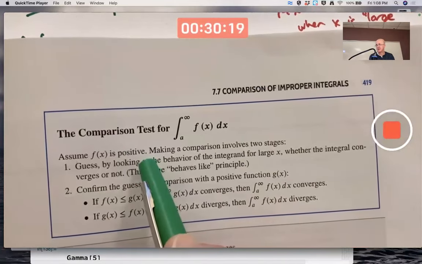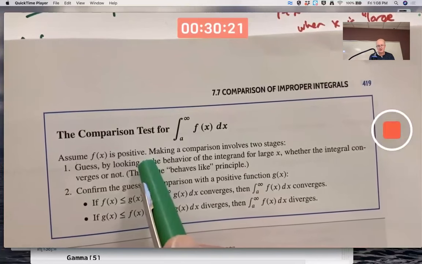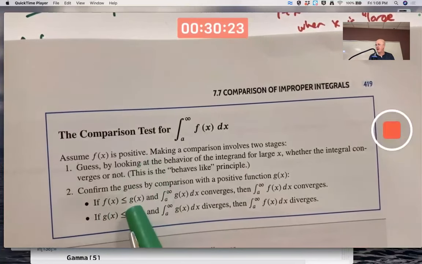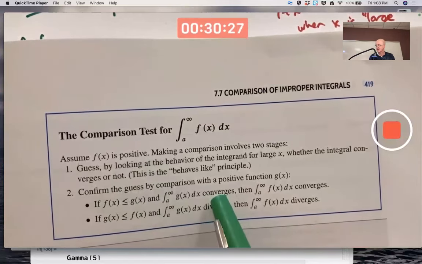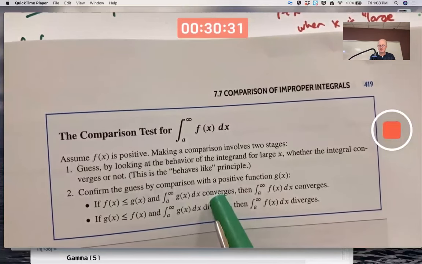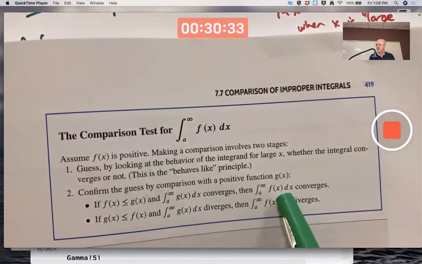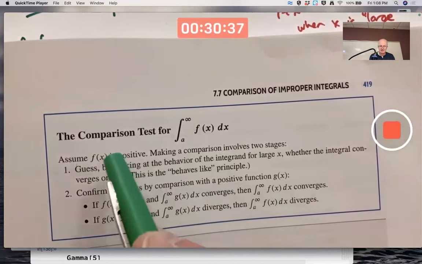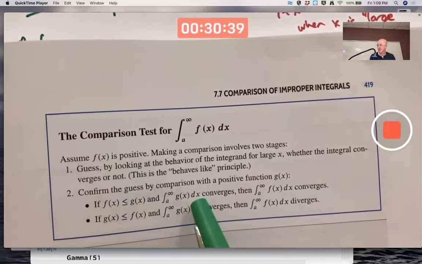That's pretty obvious, actually. Then I should confirm the graph of f is always below the graph of g and that the integral of g converges. Once I've done those things, this first bullet would say the integral of f converges, and I would be done. But those other things, this one, and this one should all be checked.